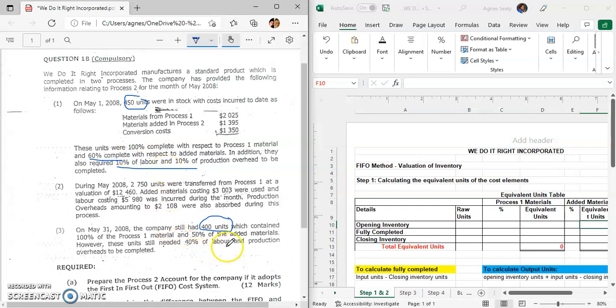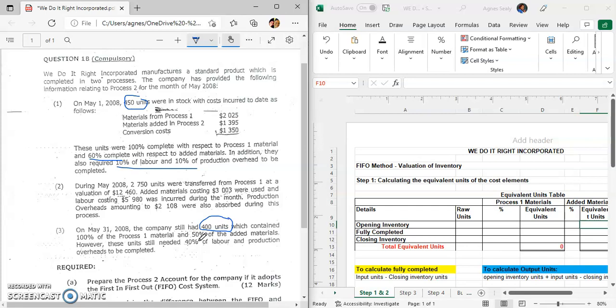However, at the end now, the 400 units are 100% complete with respect to process 1 material, and they're also 50% complete with respect to added material. And then they say they still need an additional 40% of labor and production overhead to be completed.